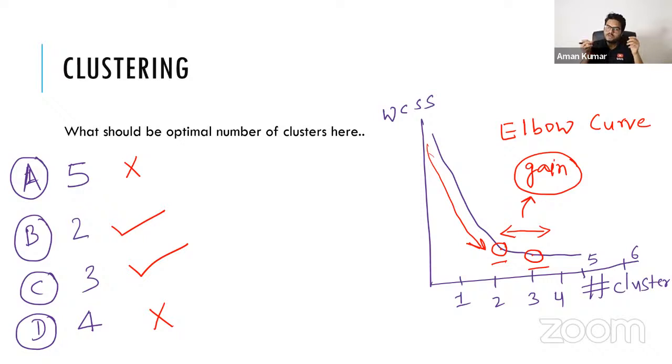It also depends on how easy that model is able to help us, and how we can utilize that model in the most effective way. Taking all that into consideration, we can debate on 2 or 3, but the preference should be given to 2, is what I feel. Because every time you are increasing the number of clusters, there should be a significant shift in the gain, what we are gaining from that model.